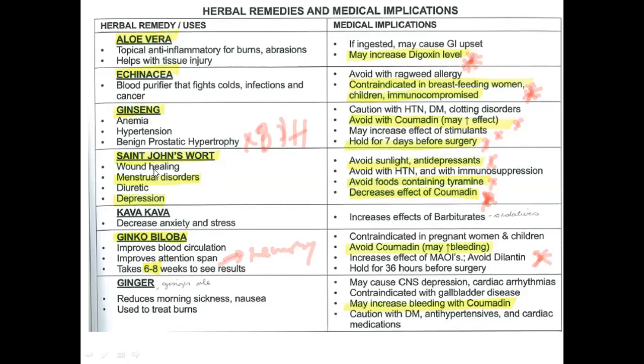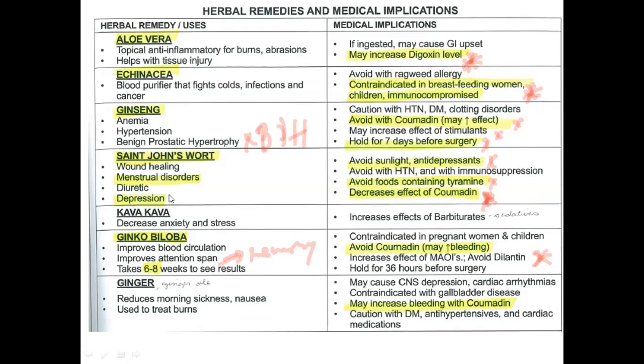Another one most commonly asked in the NCLEX board, St. John's wort, right? St. John's wort sometimes we use for a wound healer or premenstrual syndrome, or diuretics, and also can use as an antidepressant.